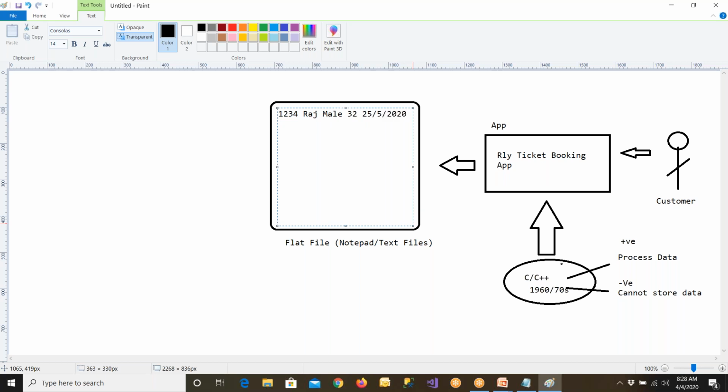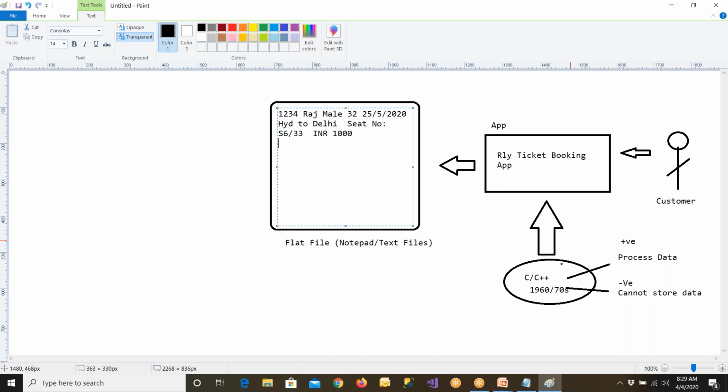He wanted to go from, let us say, Hyderabad city to Delhi, and he got a seat number, let us say S8. S8 is the coach number, and slash 33 is the seat number, and he paid, let us say, 1,000 Indian rupees. This is how the data is stored, and the same thing is printed onto the paper and given to the customer as well.